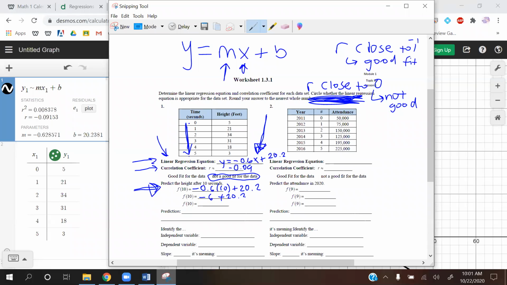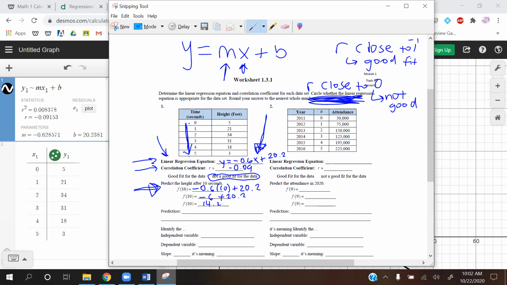So we got 20.2 and then minus 6. So we got 14.2 as our f of 10. That means after 10 seconds, it should have been 14.2 feet in the air, according to our little prediction.